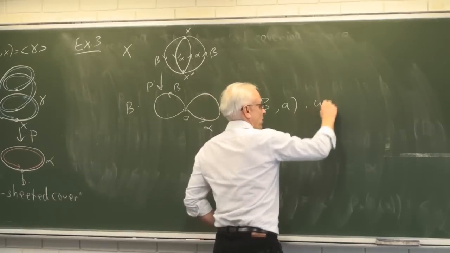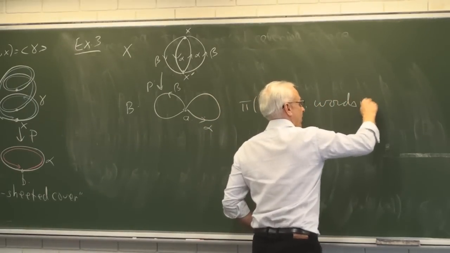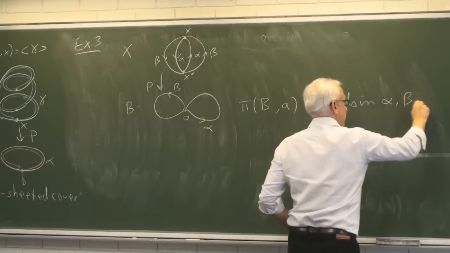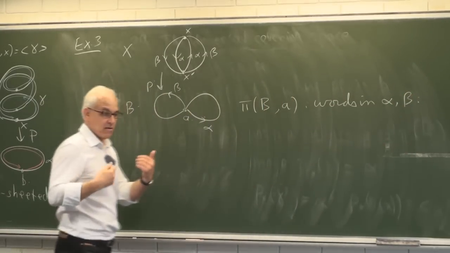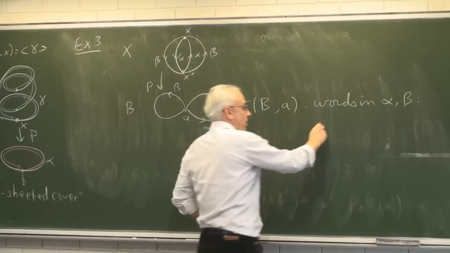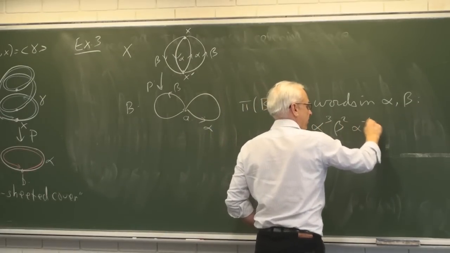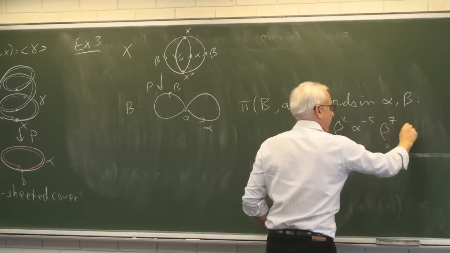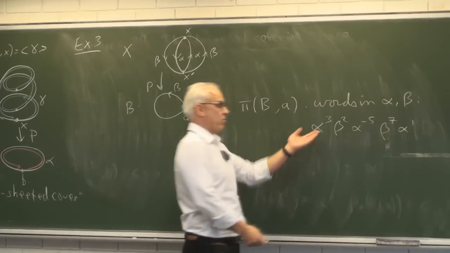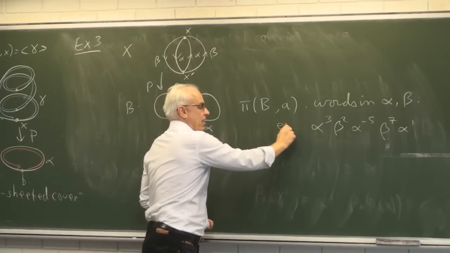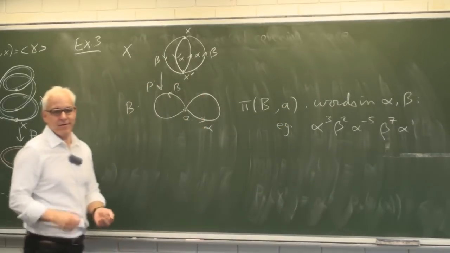So just words in alpha and beta, some kind of free product of alpha and beta. So things of the form alpha cubed, beta squared, alpha to the minus 5, beta to the 7th, alpha 1, for example. That'll be a typical element in this thing here.